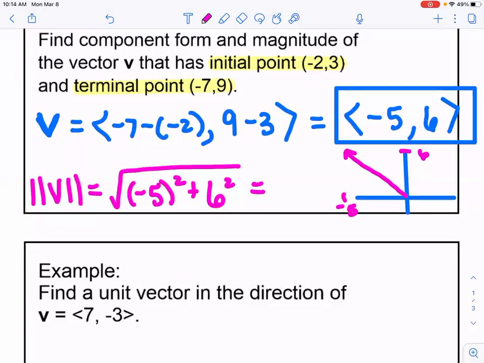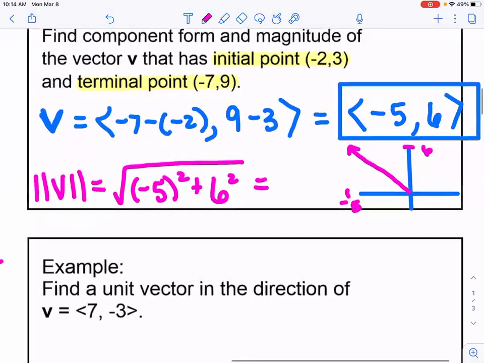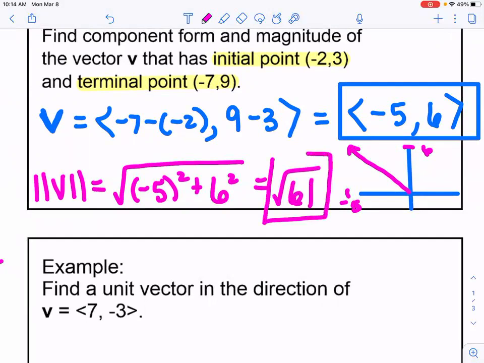It's 25 plus 36. So the square root of 61 would be our magnitude. Not so bad, right?